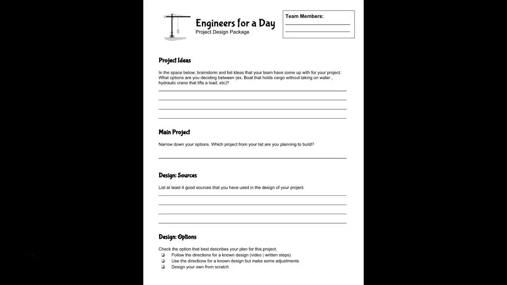So watch the video or complete the steps as directed in a step-by-step written instruction, or are you going to go to the next level, which is use those directions but make some adjustments to make it a better design or make it function better. The highest option would be, of course, if you were designing your own from scratch. Okay, so check which one applies to your group.